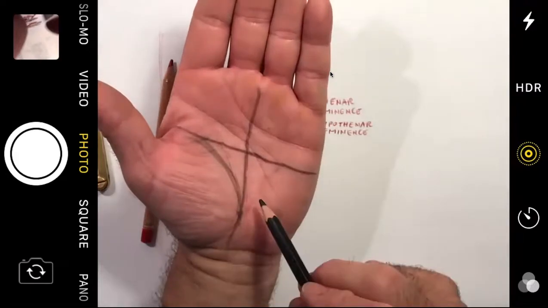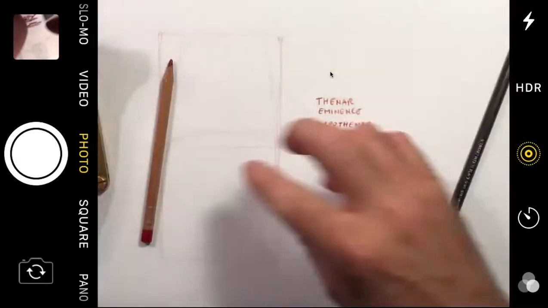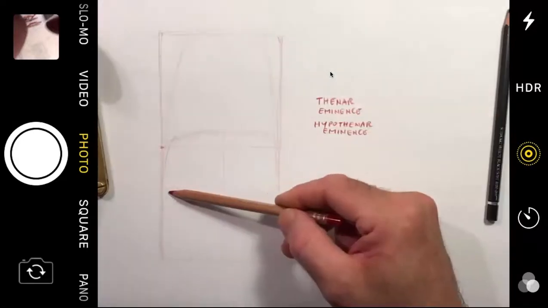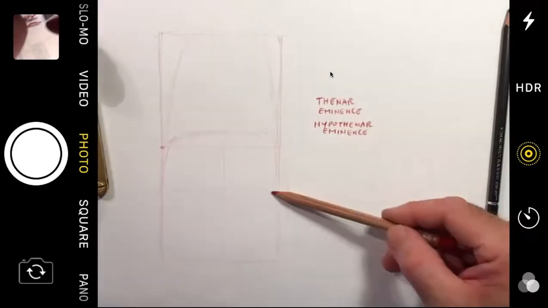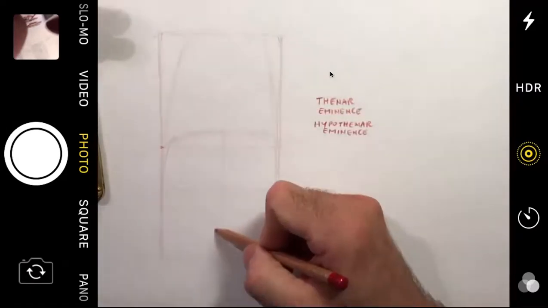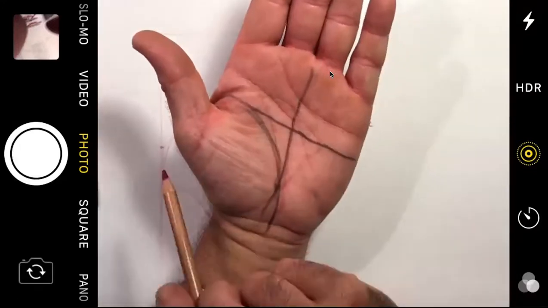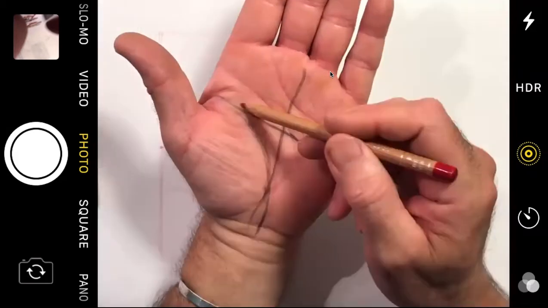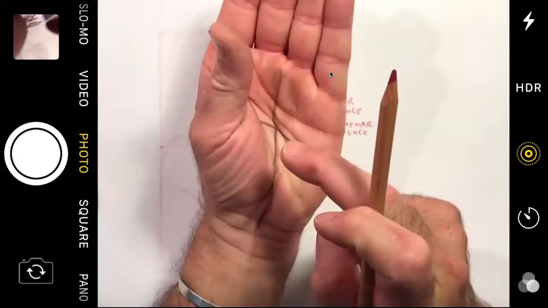So now what I do here, I divide this in half, and my thenar eminence is going to be here, plus I have this portion of the thumb that is muscle, muscle that moves the thumb like this, etc.